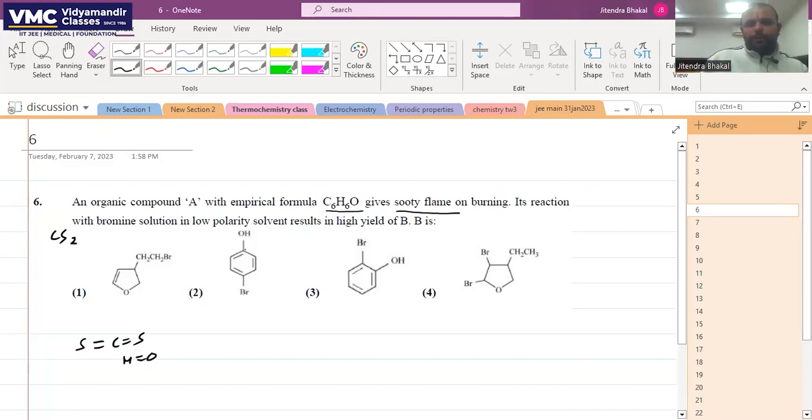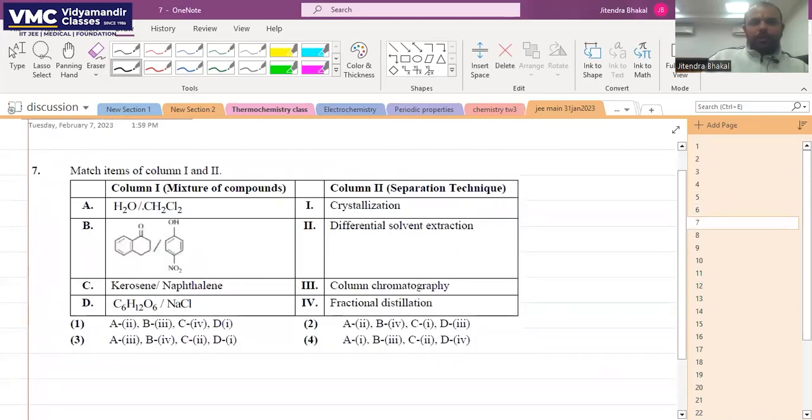So in a low polarity solvent, phenol reacts with bromine to give the para substituted product. So option 2 is the answer. Question number 7. Okay. So now this is the question.